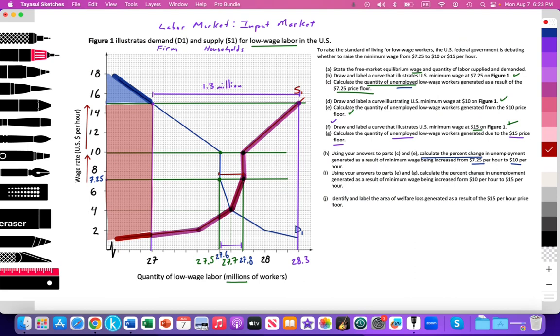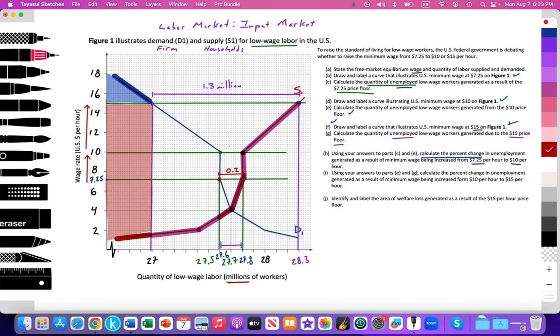Here we see at $7.25 the quantity of supply is 27.8, but there is a decrease in the quantity of demand due to firms not willing to demand labor at that higher minimum wage. It's higher than the free market equilibrium. The distance between 27.8 and 27.6 is simply 0.2 million. We're looking at millions of workers.